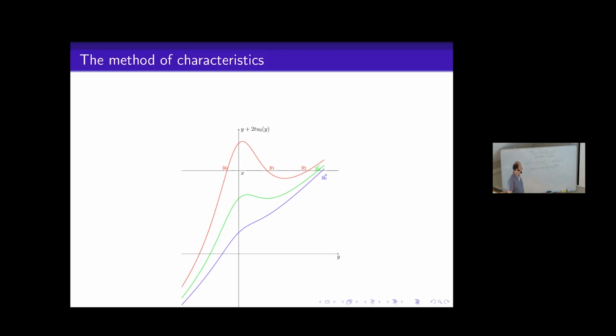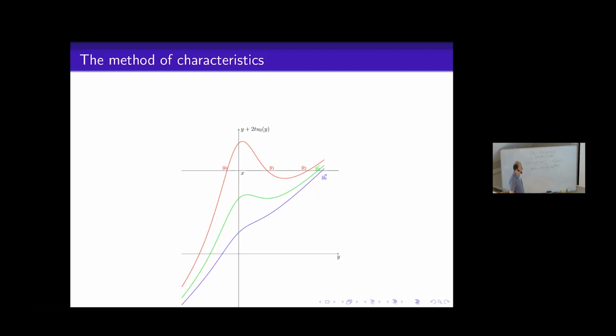So these are three different graphs of this function y gives y plus 2t u0 of y, which is again the characteristic starting at time 0 from y, and the characteristic at time t. And you ask whether this x can be y plus 2t u0 of y.